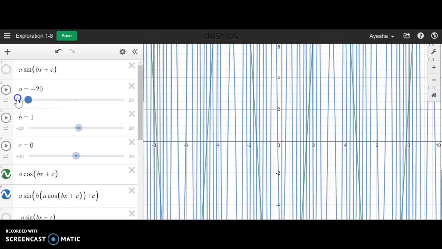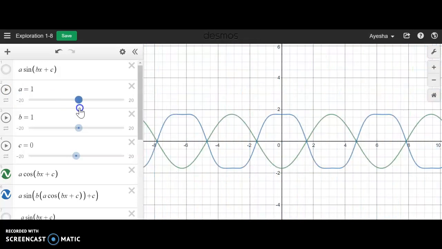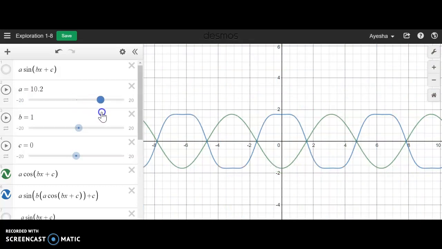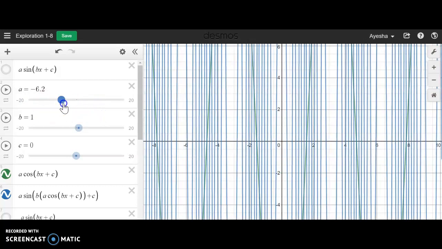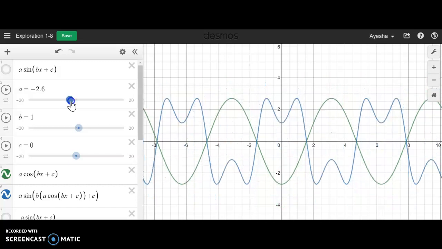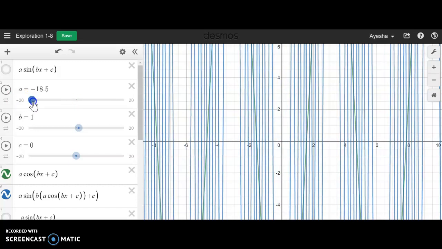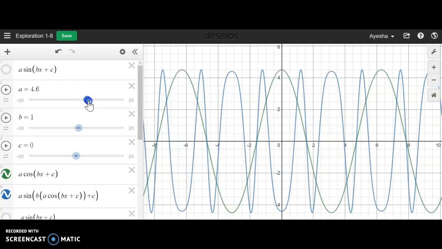Hmm. But it seems to be doing the same thing that the graphs of sine and cosine are, since they're symmetrical about the y-axis. There's not a lot of focus on the negatives versus the positives. It's just what the number itself is, or the absolute value of the number, that's the main focus.